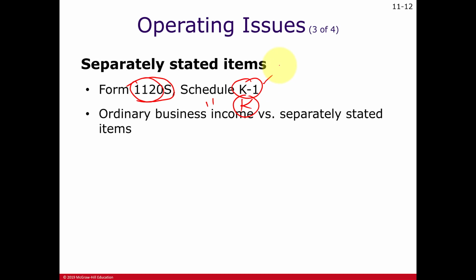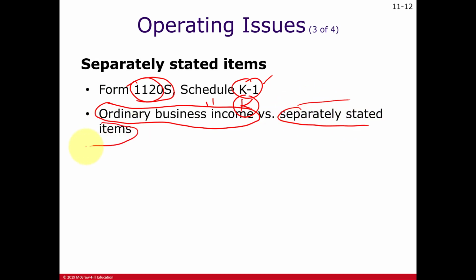And the reason why we need that detailed K1 is because the income or losses, revenue, expenses have to be, just like a partnership, grouped into the net ordinary business income or loss. Remember, that's the main profit or loss of the business. And then the separately stated items, that's the detailed revenue or expenses that could have separate tax treatment, not at the corporate level, but at the owner shareholder level.